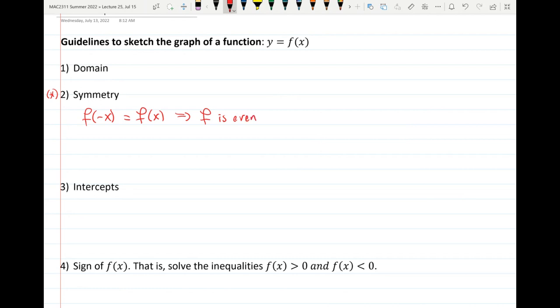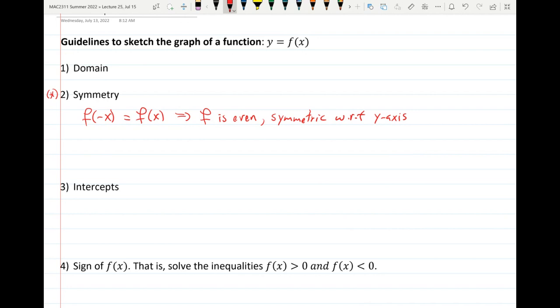Which means geometrically that it is symmetric with respect to the y-axis. So you only need to graph half of the graph of the function because the other half you get for free, by just using reflections.